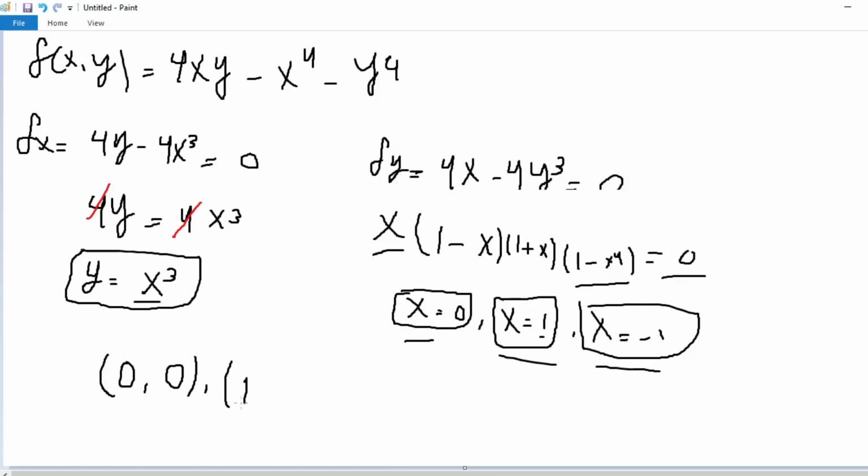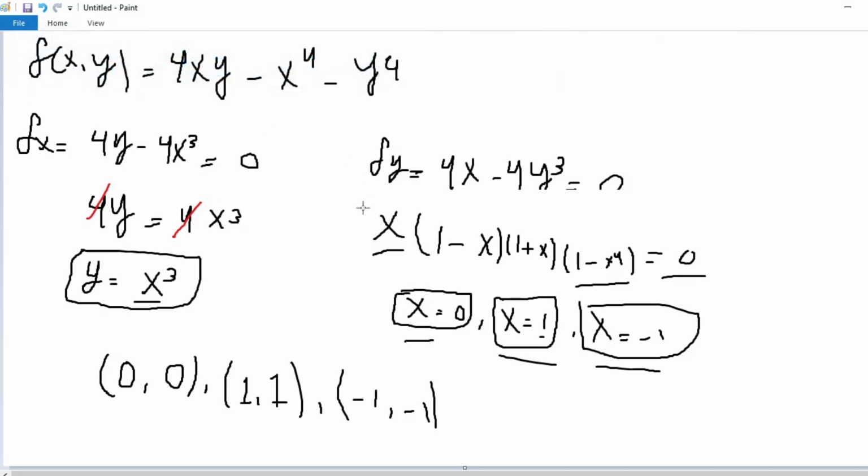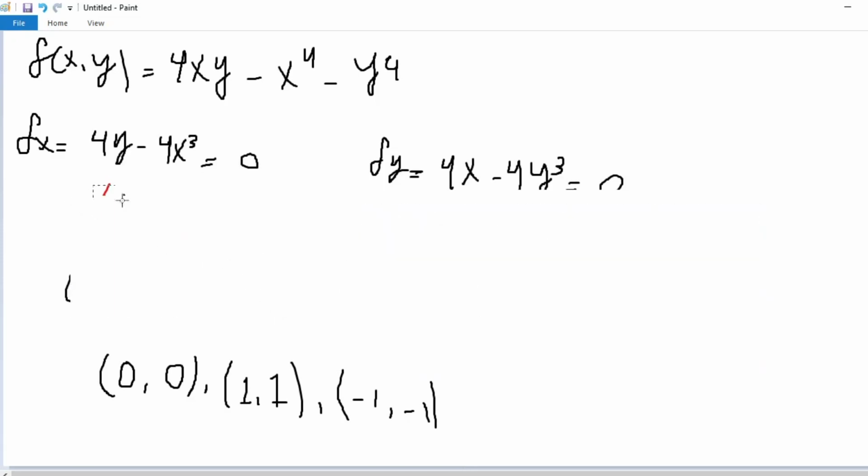So x is 1, and y, after I put it here, is also going to be 1. The third value is negative 1. I write the x here. What about the y? Negative 1 to the third is going to be negative 1. So these are the critical points of this equation. So let's make some space.